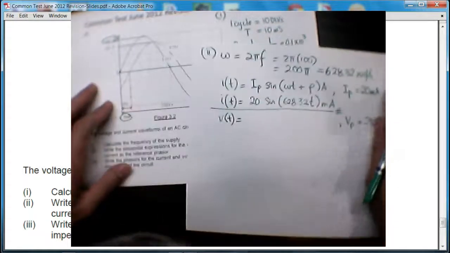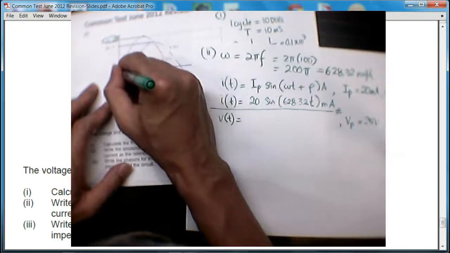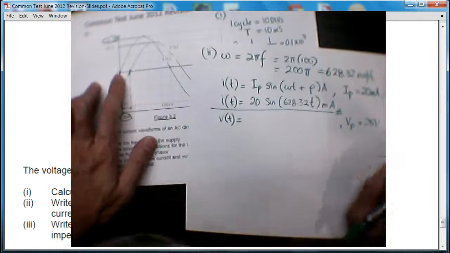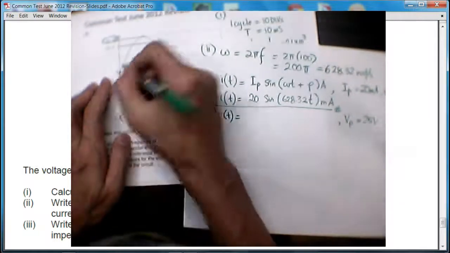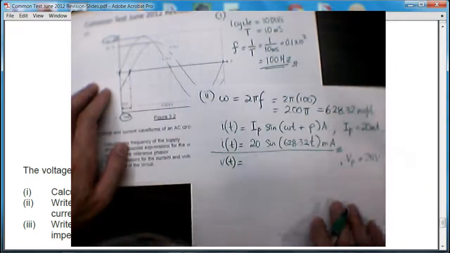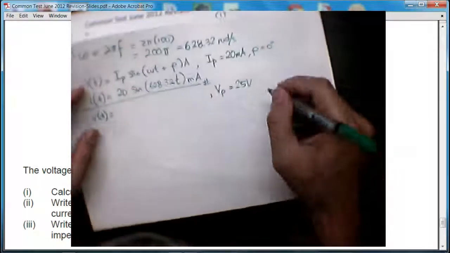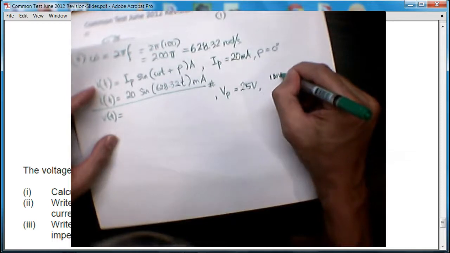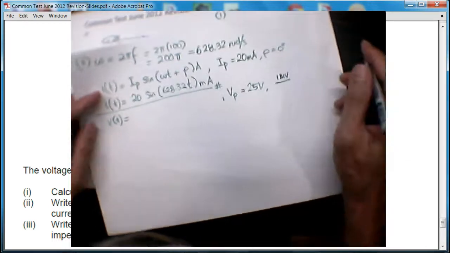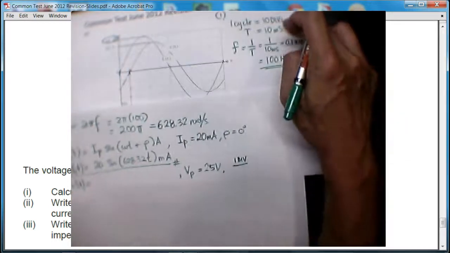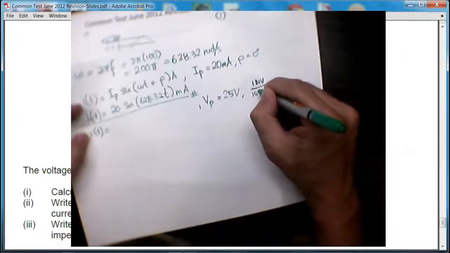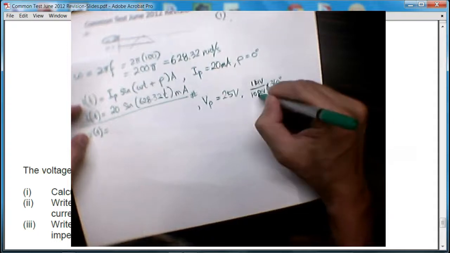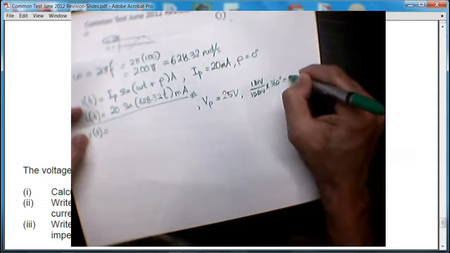And the important thing now is to notice that the voltage waveform starts much later, one division later. Now one division later means one division out of, as we said earlier on, one cycle is 10 divisions. So one division out of 10 multiplied by 360 degrees gives me 36 degrees.